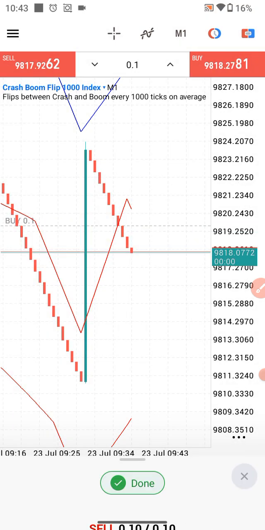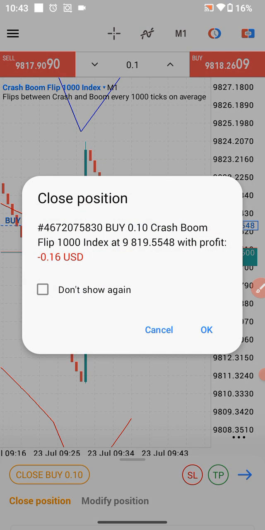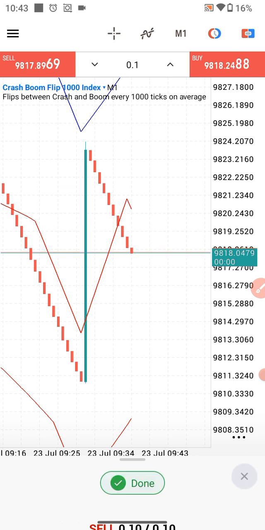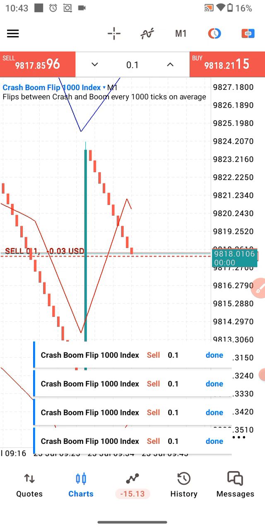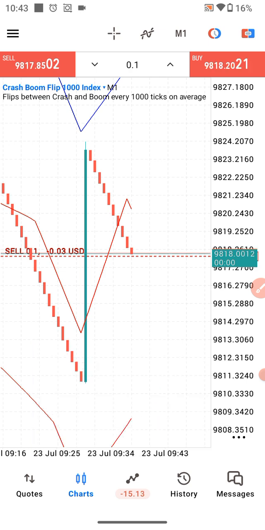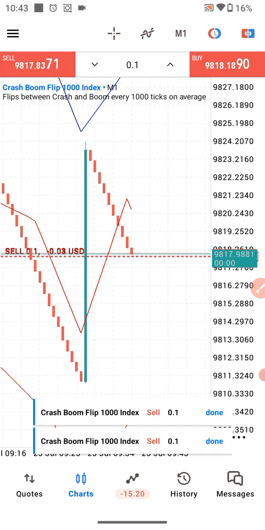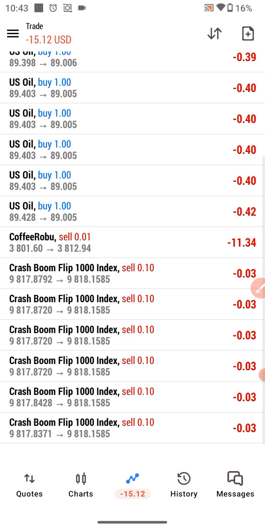So I'm just going to sell down instantly instead of buying up. I'm going to sell down multiple times to see how this works. I'm already selling down. I've already sold like 7 different positions downward.